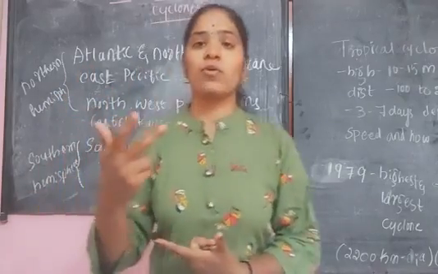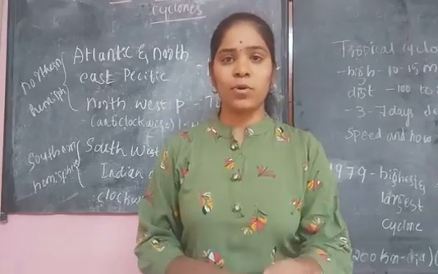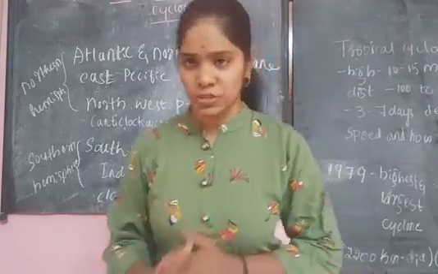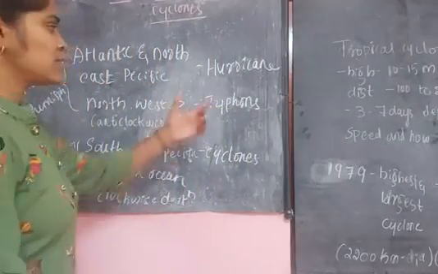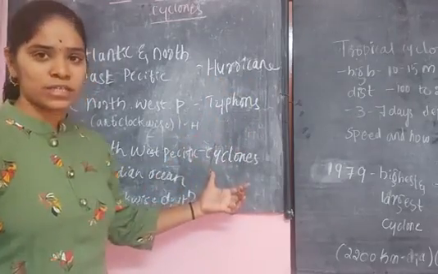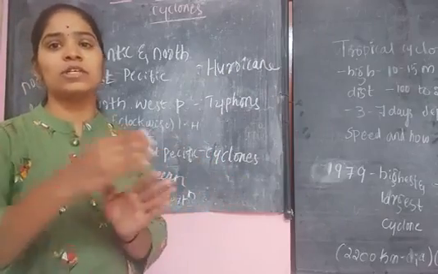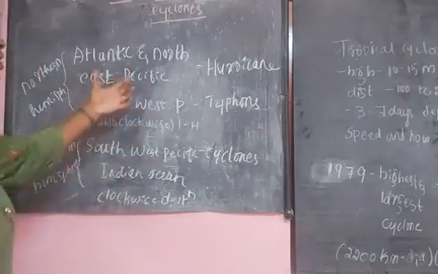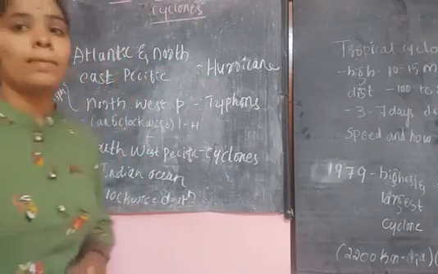A low atmospheric pressure on a water body leads to the formation of what? Cyclones. We mainly call cyclones by three names: hurricanes, typhoons, and cyclones. These are different names according to their location. Hurricanes are observed in the Atlantic and the Northeast Pacific.